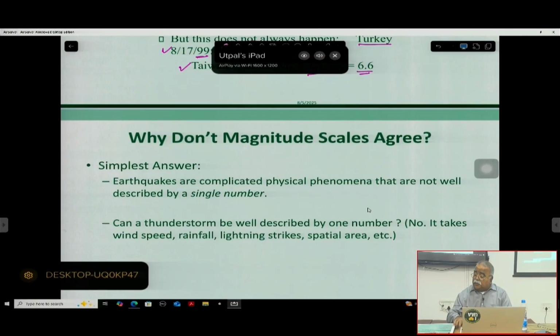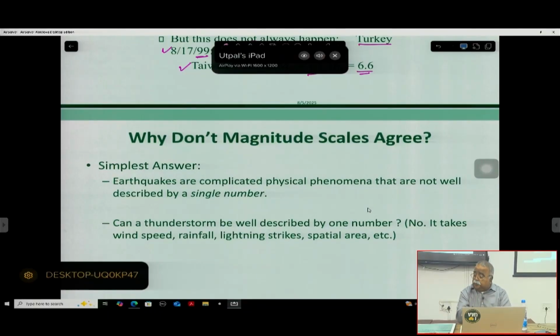Now, why are they not the same? The first thing is that these numbers are based on some observed records, and there is no physics or rule involved here. Whatever you are observing, based on that, you are trying to give a number.